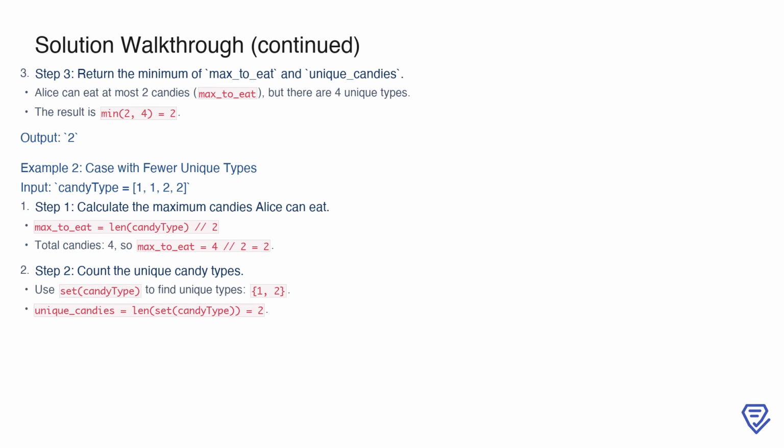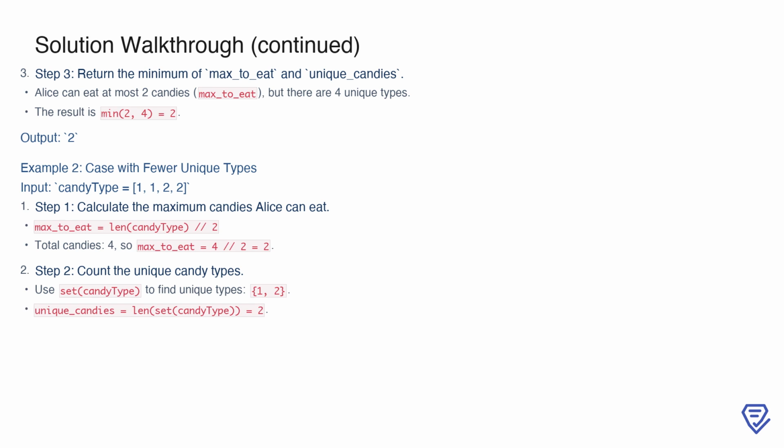Let's consider another example where the input array is 1, 1, 2, 2. First, we calculate max_to_eat as before. The total number of candies is 4, so max_to_eat equals 4 // 2 equals 2. Then, we count the unique candy types using a set.